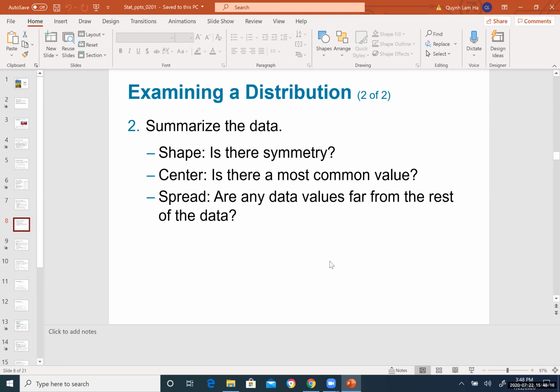Some people eat 5, 6, 7, and other people eat 35, 40, 50. They eat very different numbers, so that example is spread out a lot.